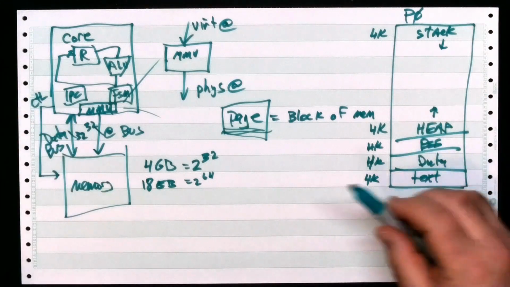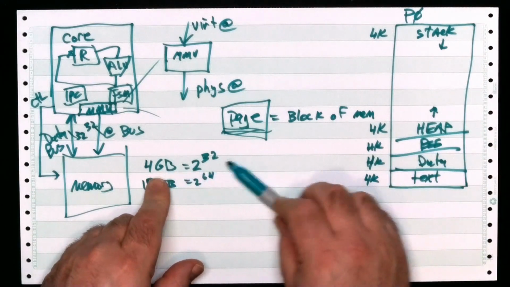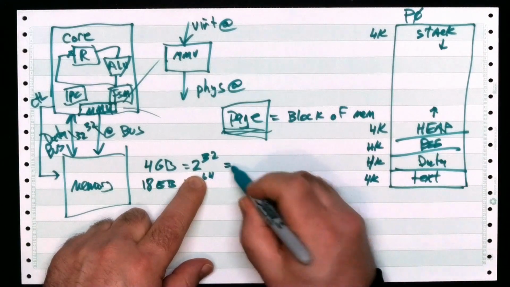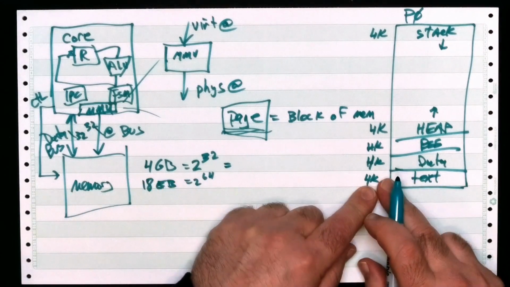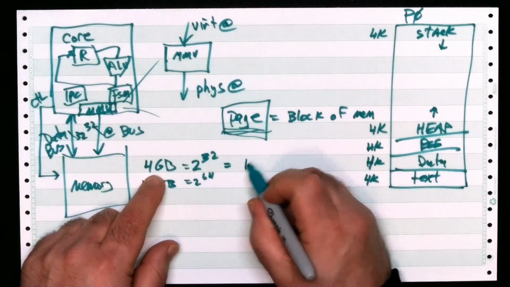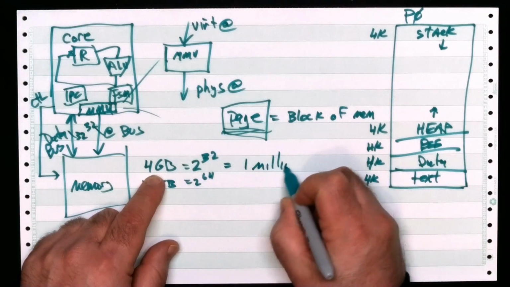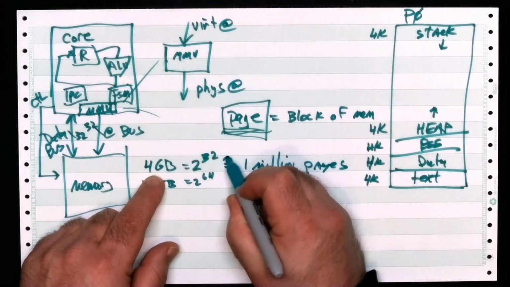So how many pages, then, are in a machine with 4 gigs of memory? Well, that would be 4 gig divided by 4K, which equals 1 million. I'm going to put approximately, all right?